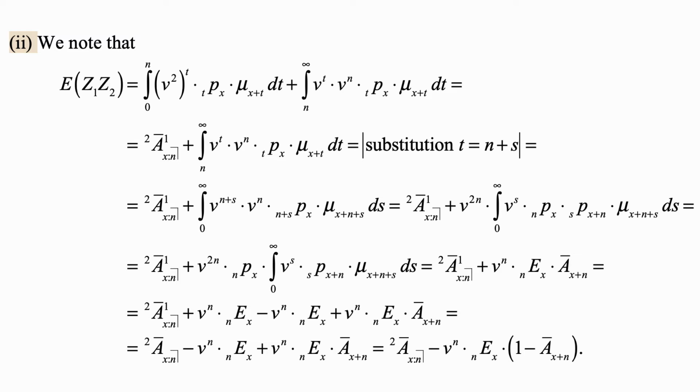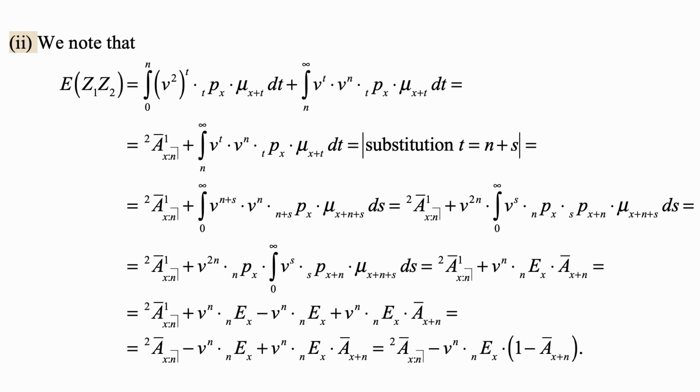And here is part 2. We note that E of Z1 Z2 is equal to the integral from 0 to n of v squared to the t times tpx times mu x plus t dt, plus the integral from n to plus infinity of v to the t times v to the n times tpx times mu x plus t, that's the PDF of future lifespan, dt.